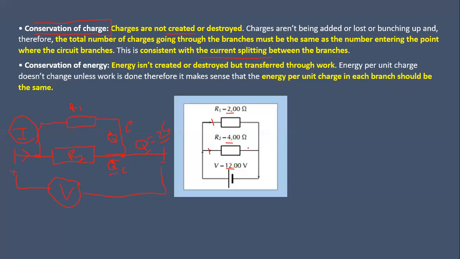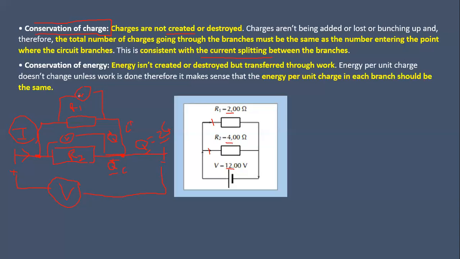So now if we were to take a voltmeter and put it here to measure the potential difference in this branch, and take another one to measure the potential difference here, we would see that the value we get here is the same as the total value. All of these values are the same.